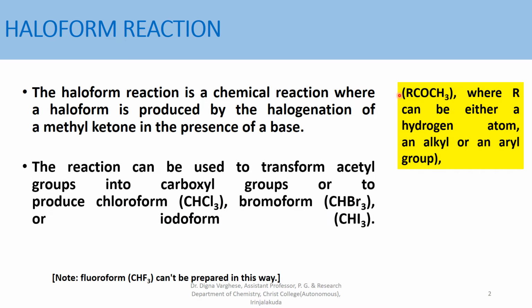The reaction can be used to transform acetyl groups, that is COCH3 groups, into carboxyl groups, or to produce chloroform, bromoform or iodoform, respective of the halogen used in the reaction.